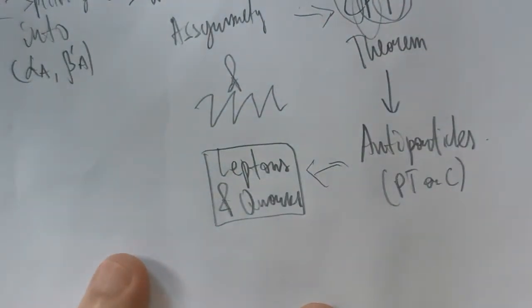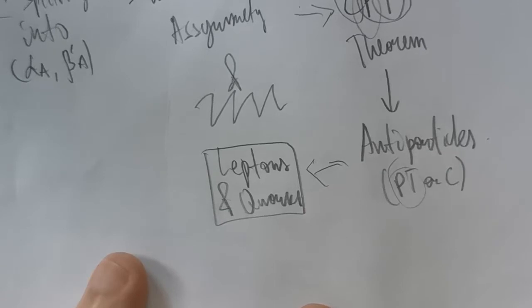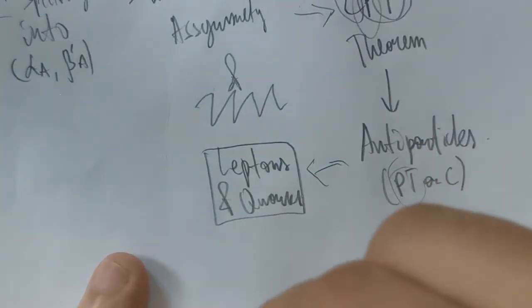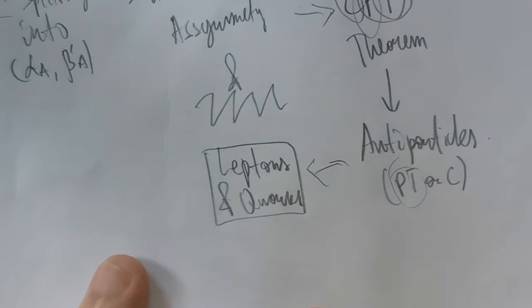And therefore, if you use PT symmetry, reversing them in space-time, or charge conjugate them, you will have the anti-leptons and anti-quarks, so basically antiparticles. Leptons and quarks will react with the weak force using the zig part of the zigzag, and antiparticles will react with the zag part, the other way around.